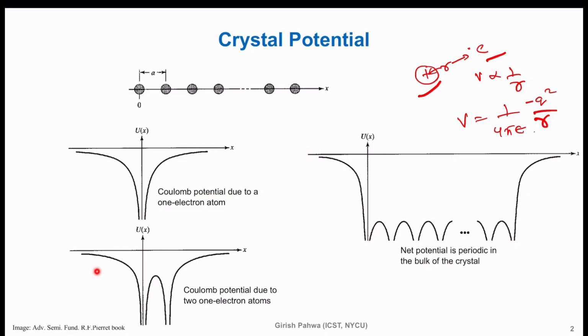But within the crystal, if I assume my number of atoms is very large, then in the bulk of the crystal I won't see these surface effects, so the potential will be almost periodic. So the electron is going to move in a periodic potential when we talk about a crystal. Now I'm going to make some approximations so that our analysis becomes easier.